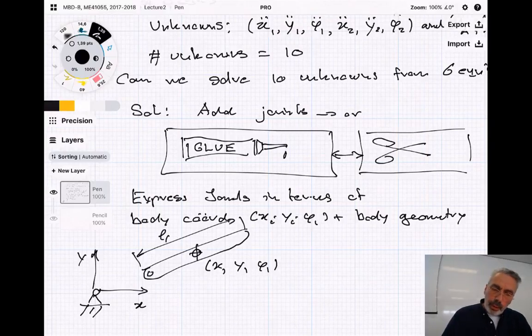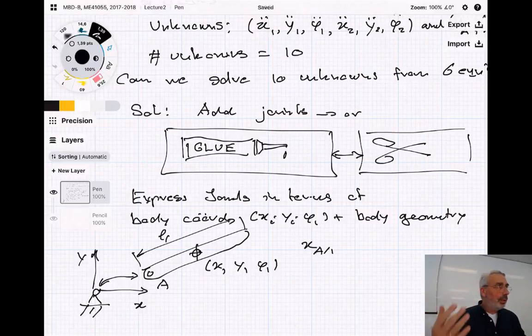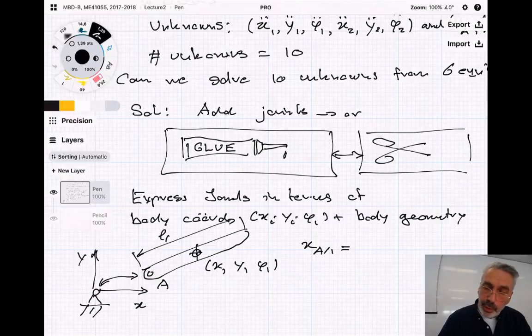Now, this should be joined, right? Or in other words, if I calculate the x position of point A starting from the center of mass of body 1, where is the x-coordinate? Well, I start here at x1, and then I walk back in that direction, and you need the projection, of course, so that's minus L1 over 2, times the cosine of phi 1.